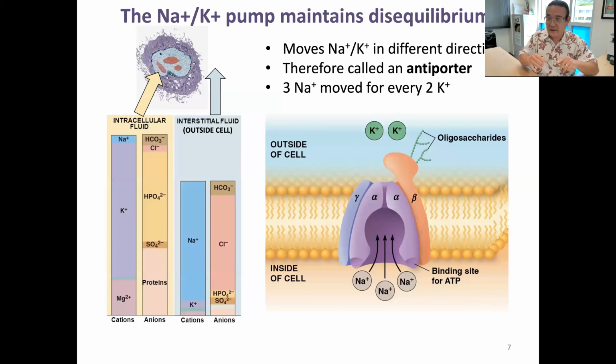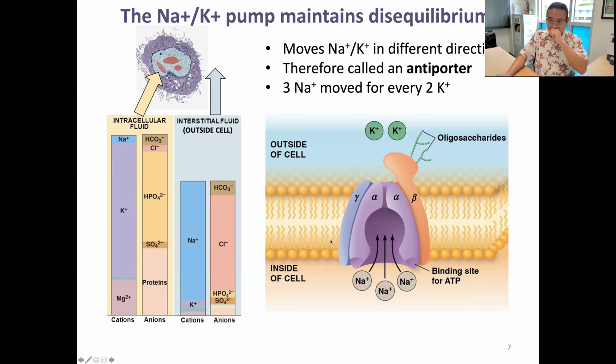So how does our cell manage to maintain this on-purpose disequilibrium? Well, here we go. That's today's discussion, having to do with active transport. On the left is what we just looked at on the previous slide. The fluid inside of the cell maintains very high potassium concentrations but relatively low sodium concentrations. But immediately on the outside of the cell, the interstitial fluid, you have high sodium and low potassium.